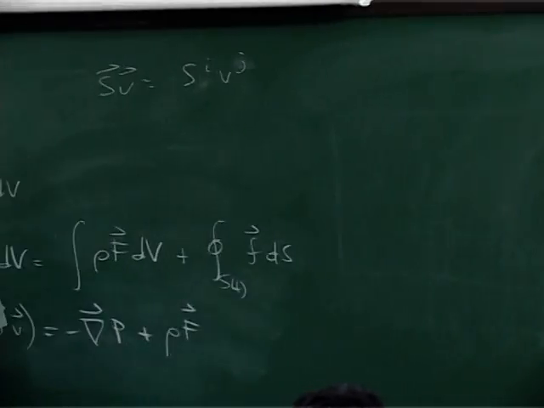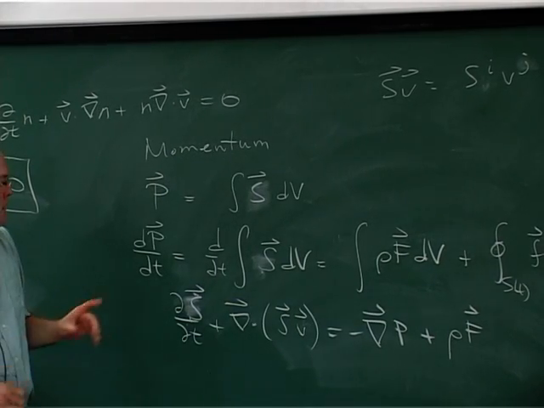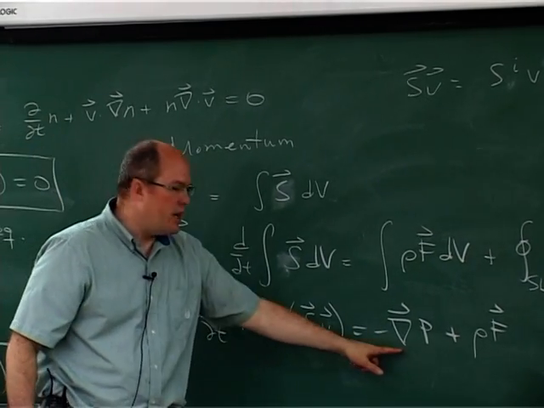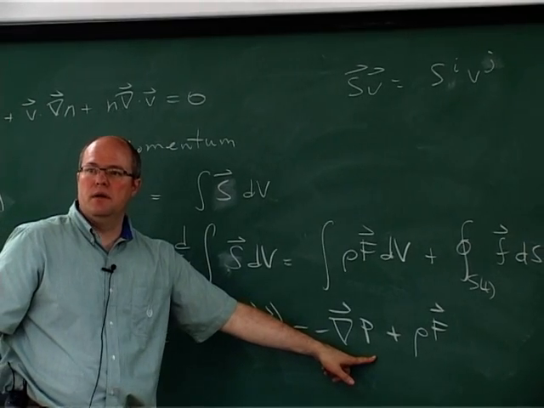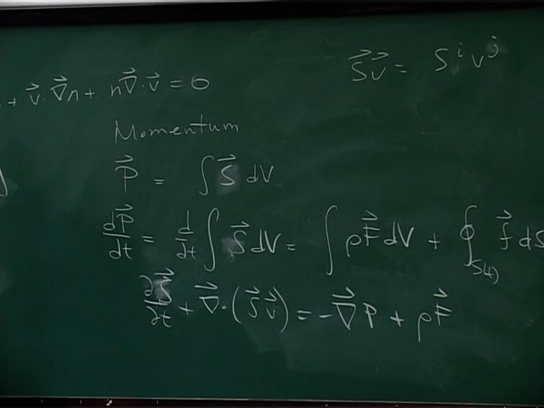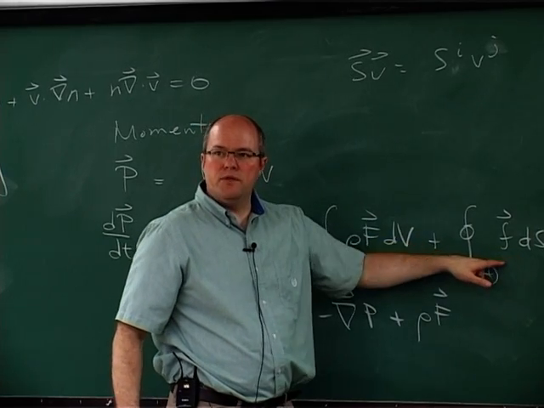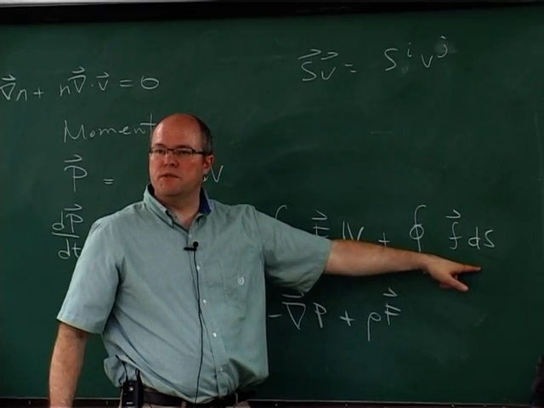Mm-hmm. What is V? Grad P, the pressure. This is the gradient of the pressure. So that's representing the forces, the body force between fluid particles is where that term comes from.